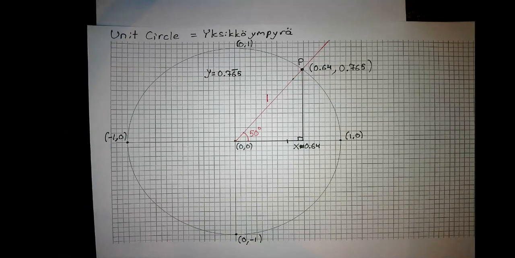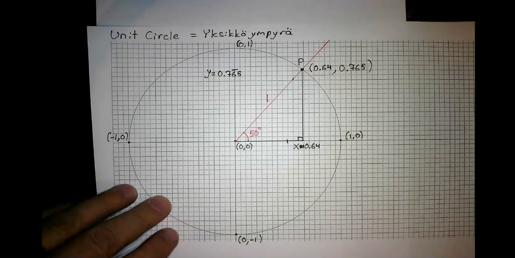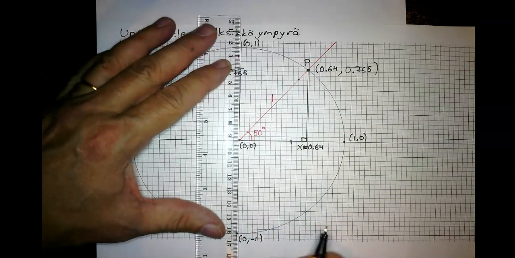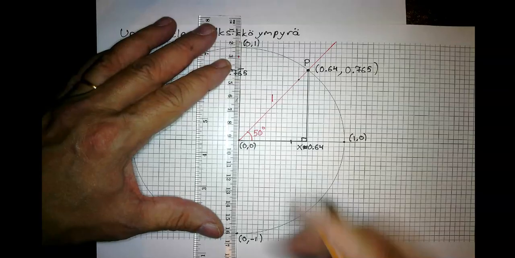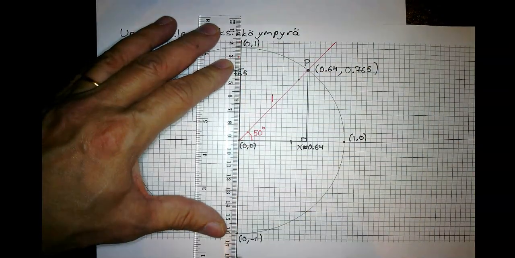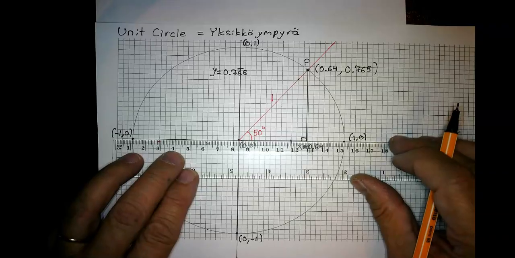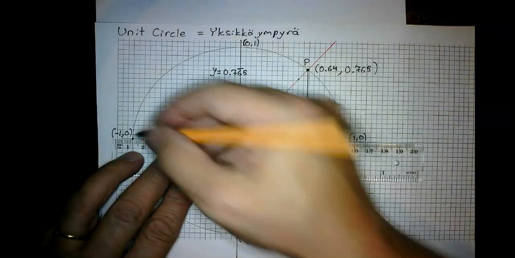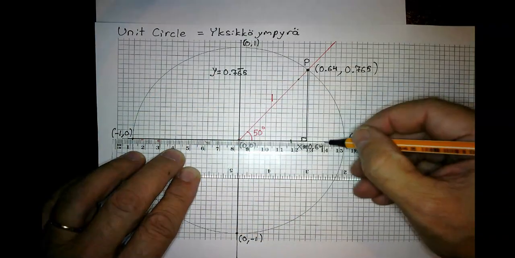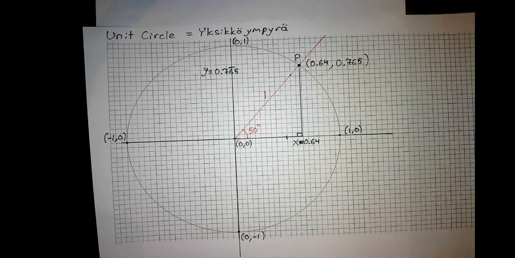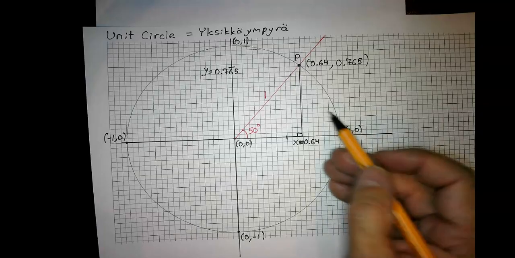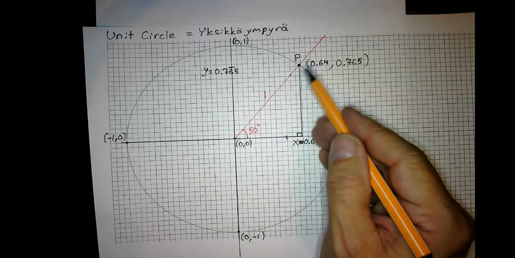Unfortunately, you can't see probably those axes well enough. I will draw them better. And now we have got the coordinates of this crossing point there.